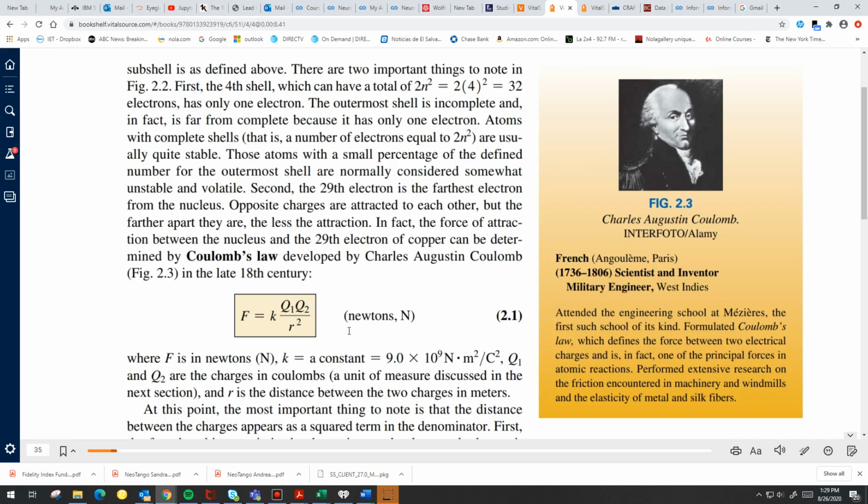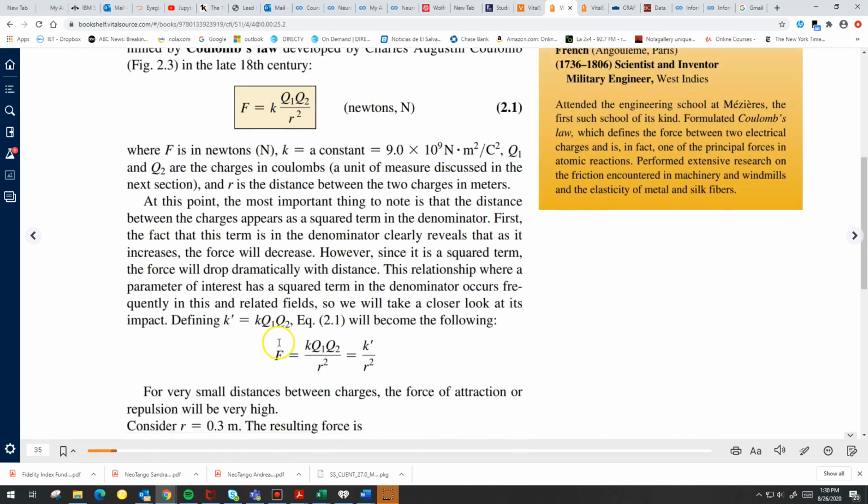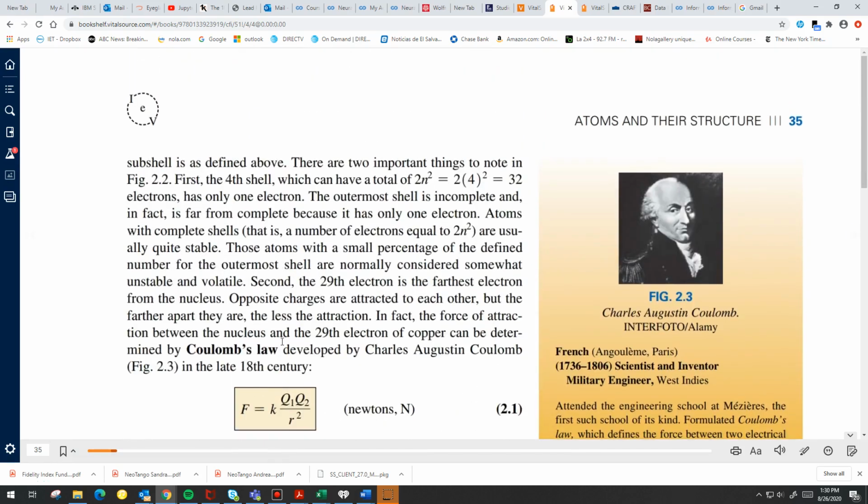We're going to be looking at this to a somewhat higher extent, but it's important that you understand where these major concepts are coming from, and this is one of them. Okay, so again, this represents the force of attraction or the force of repulsion between two charges. So whether the charges are positive or negative, you will have either a force of attraction or a force of repulsion.